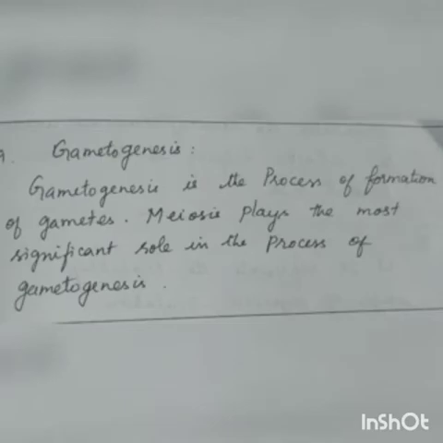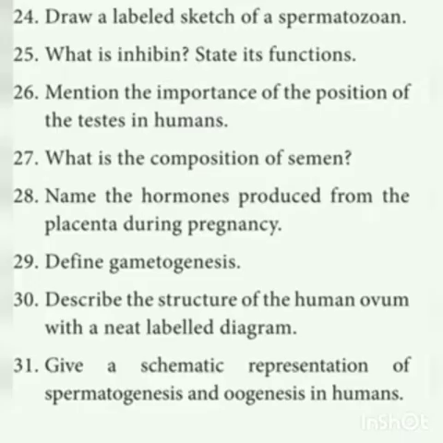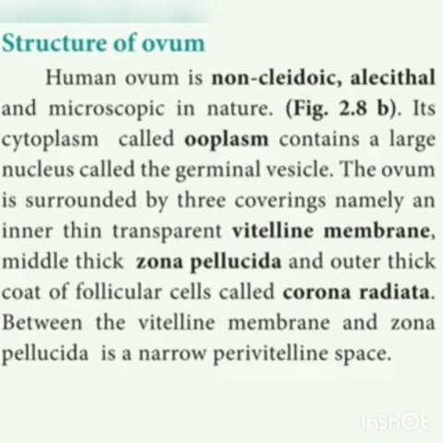Describe the structure of the human ovum with a neat labeled diagram. So you see this structure of ovum. You have to draw the diagram, and it is also helpful for you to draw in your practicals. So practice drawing the diagrams. The human ovum is non-cleidoic, alecithal and microscopic in nature, and the cytoplasm is called ooplasm.